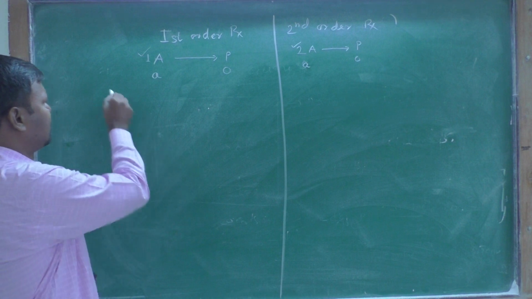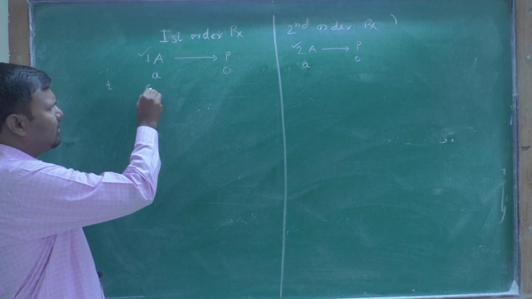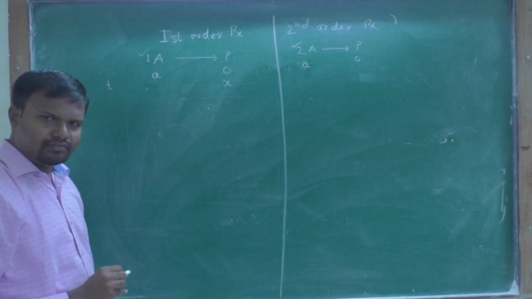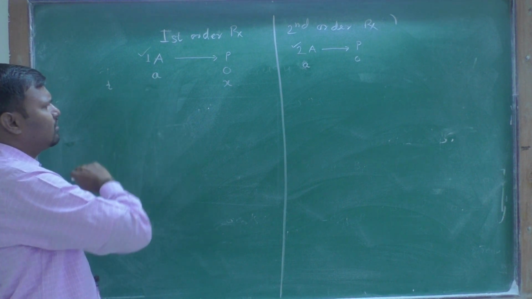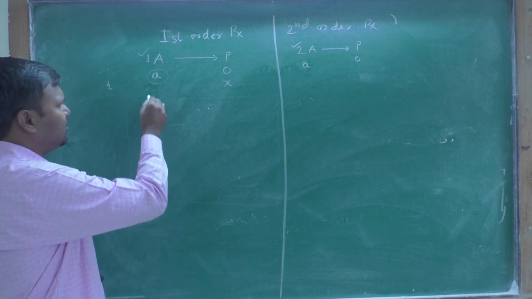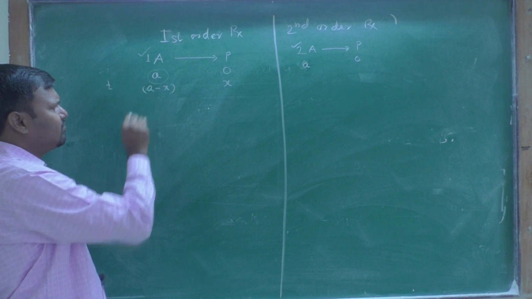After some time, after T time, the product obtained is X, and therefore the remaining reactant is A minus X.